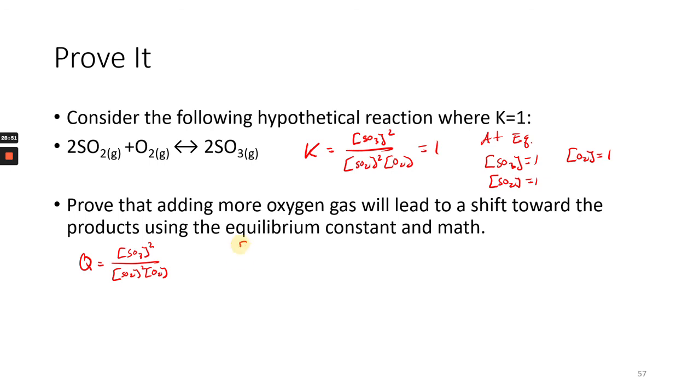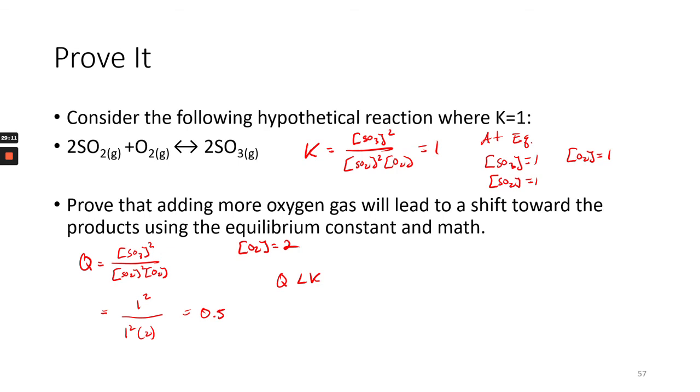So I'm going to double the concentration of oxygen. It's going to be 2. The rest are going to remain 1. So let's plug everything in. I have 1 squared divided by 1 squared times 2, and that just equals 0.5. So now Q is less than K.